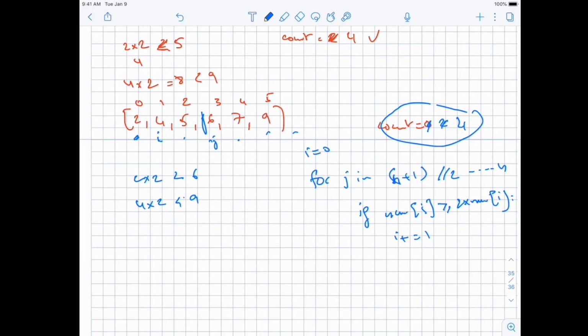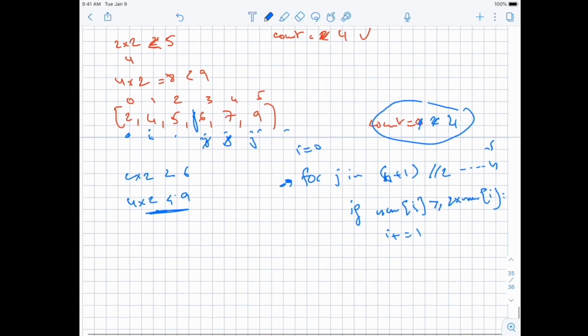So we move I because we found the solution, and j moves just with this slope. And then we find that 4 multiplied by 2 is not smaller than 7. Right, so we don't move I, we keep I here, but we move j. And when we move j, we find the answer, and we are done because this slope is done, right? And so, of course, here, because we find a valid pair, we need to increment our count by 2.